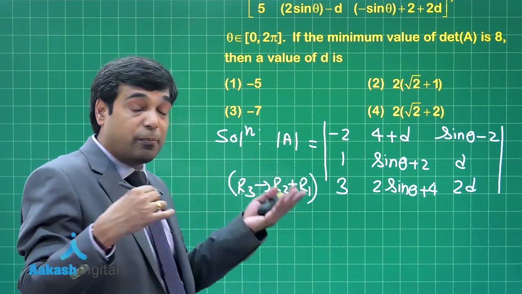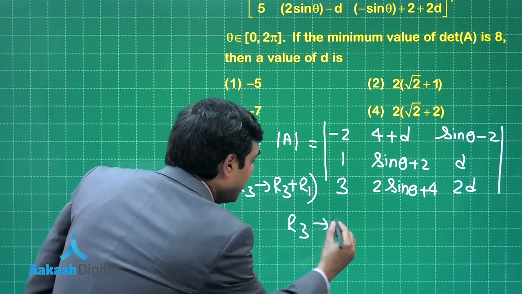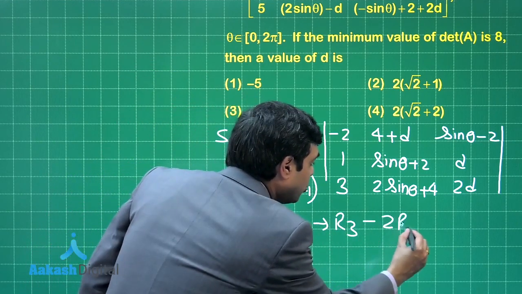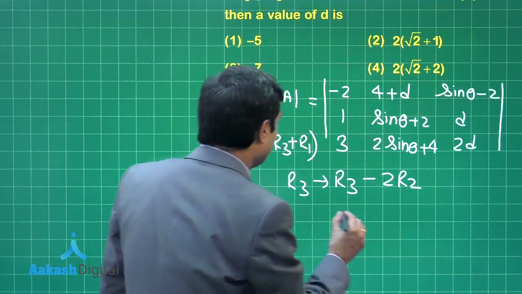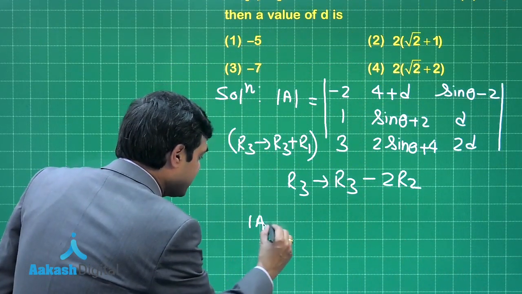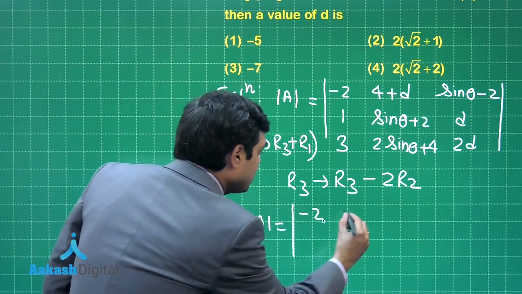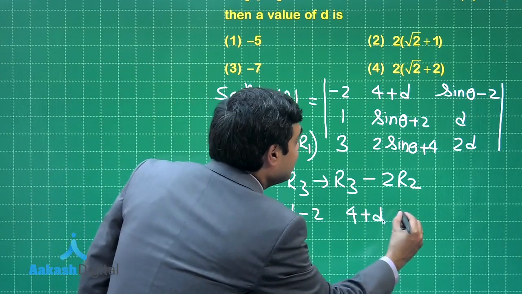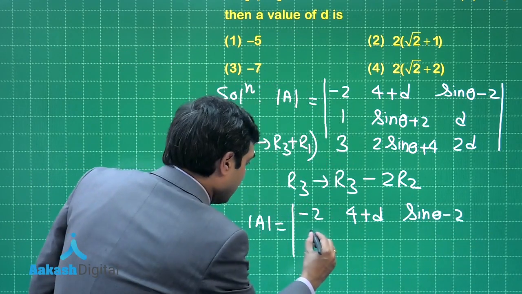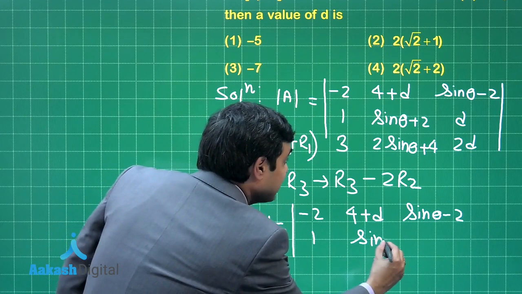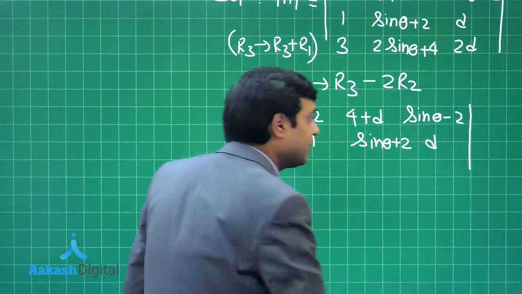Now what is the next operation required? It is simply R3 replaced with R3 minus 2R2. On applying this operation, what change do we observe in this determinant A? Let's check. First row as it is -2, 4 plus d, sin theta minus 2, then 1, sin theta plus 2 and d, and what's the last row?